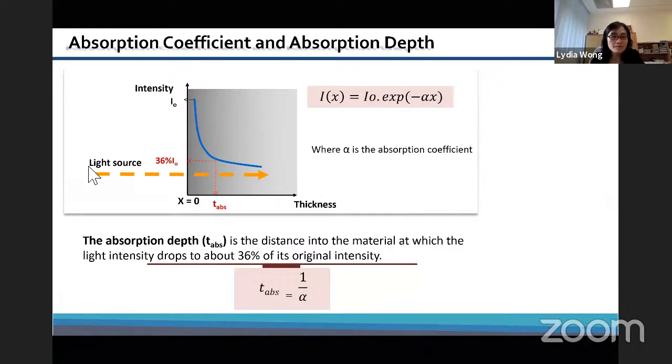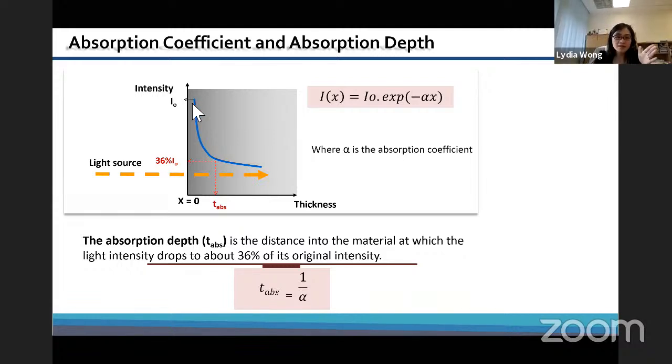So for example, if this graph represents your material and x equals 0 represents the surface of your material, when light is being absorbed, light comes from the surface, the intensity of light that is absorbed on the surface will be the highest, correct? As the photon is absorbed deeper into the material, the intensity will drop.